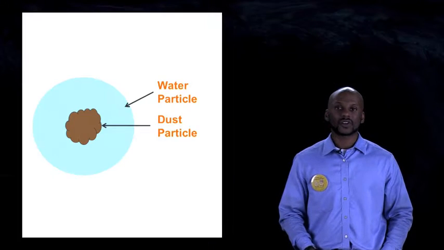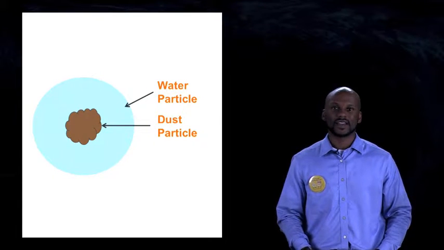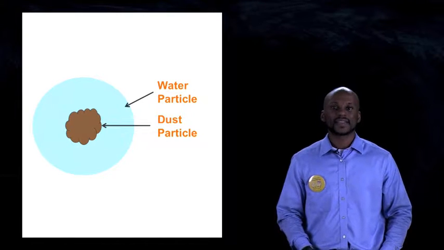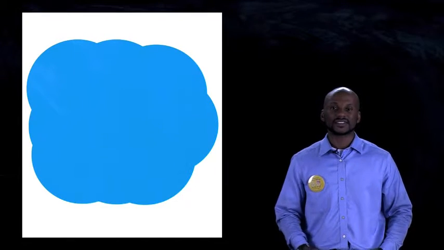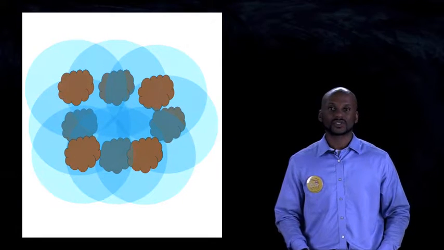When those water particles bump into some of those billions of particles of dust in the air, they form particles around those dust particles. The clouds that we see in the sky are billions of these particles that are sticking together to become clouds. They're all particles of dust and water combined together.